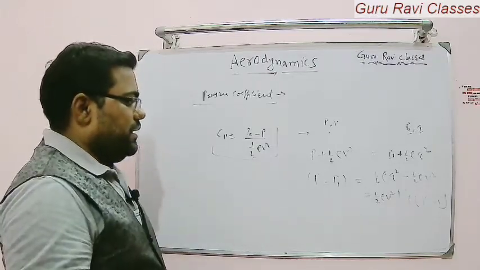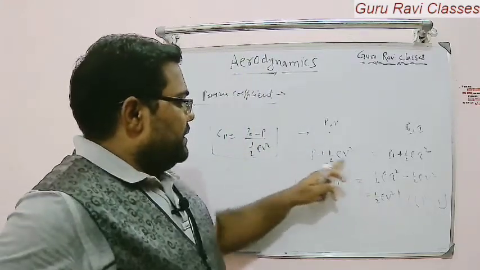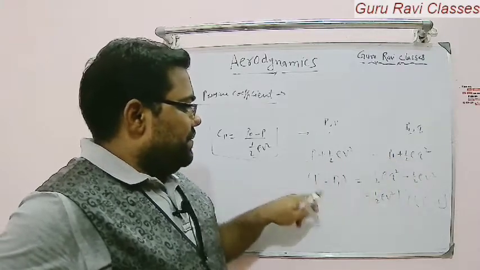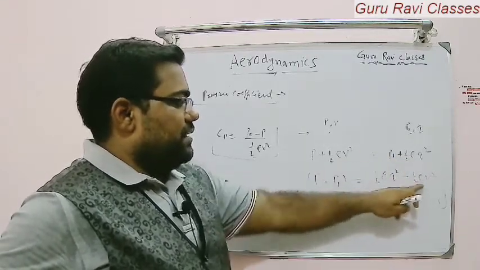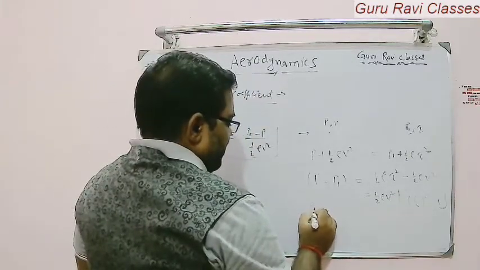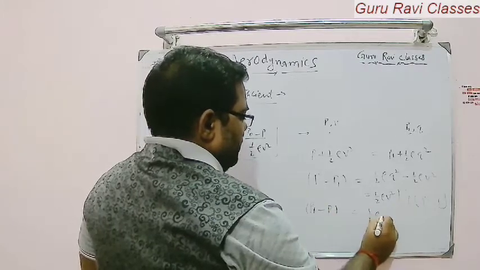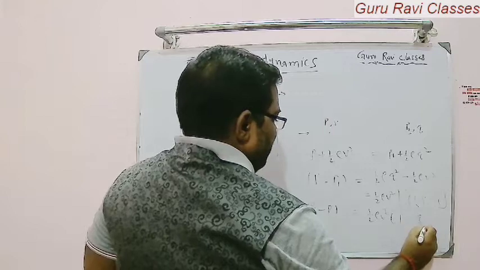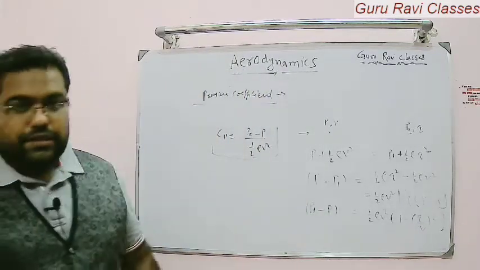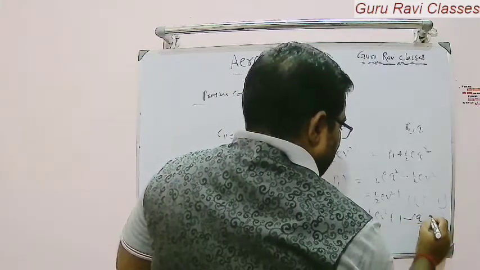So I have written it in this way, taking this as common. P minus P1 is half rho Q square minus half rho V square, and it becomes like this. The same equation I can write as P1 minus P equals half rho V square times 1 minus Q divided by V whole square.